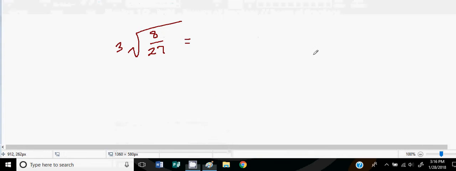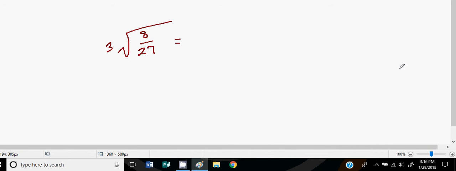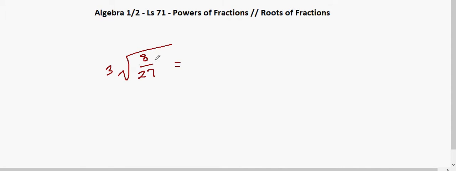Now what if we take the third root of a number with a numerator and a denominator that isn't just 1? Same thing, we're going to find what times itself 3 times is going to give me 8, and what times itself 3 times is going to give me 27. As before, 2 times 2 times 2 is going to be that 8, and 3 times 3 times 3 is going to be that 27.